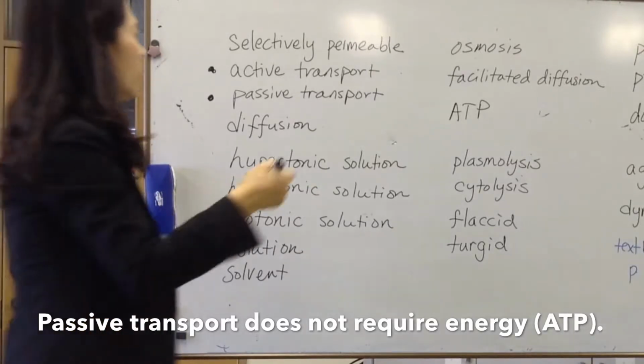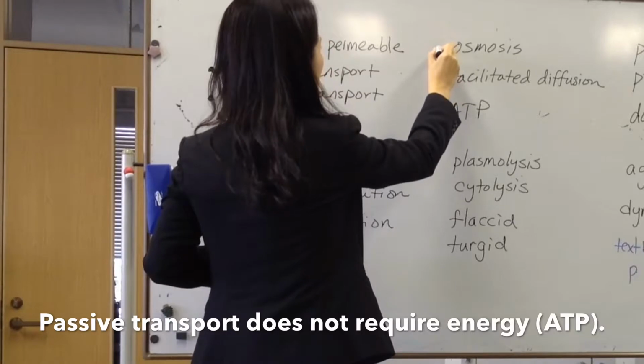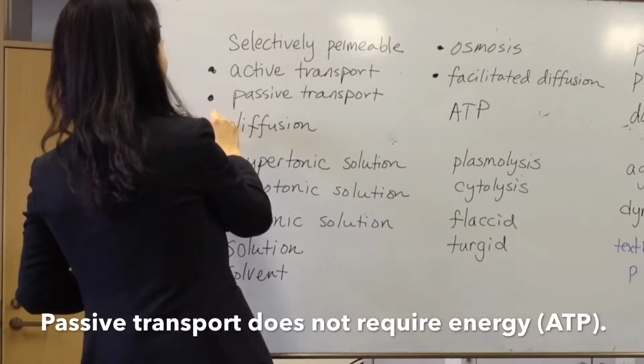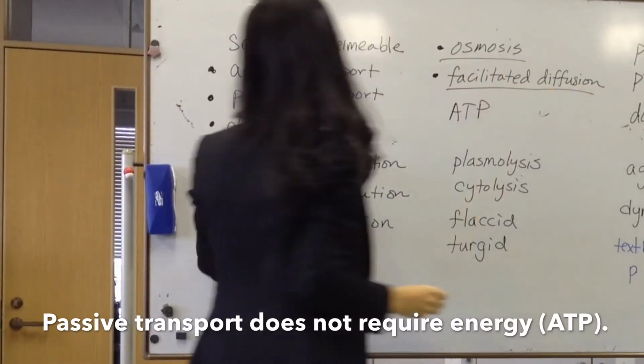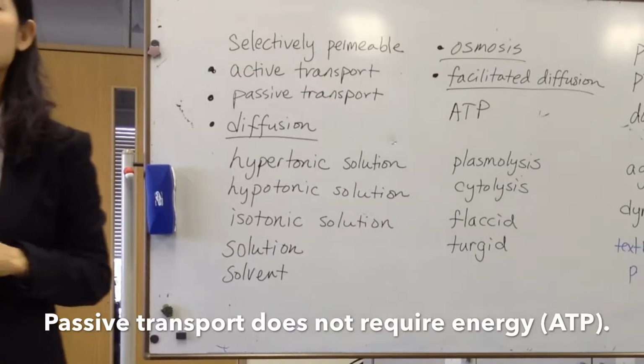Now the key words that go with passive transport are facilitated diffusion, osmosis, and diffusion. So these three terms go with passive transport.